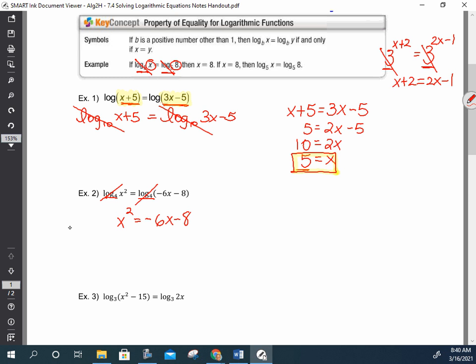So we take the negative 6x and the negative 8 and move them over. We added 8 to both sides, and then added 6x to both sides. That's where our new equation came from.